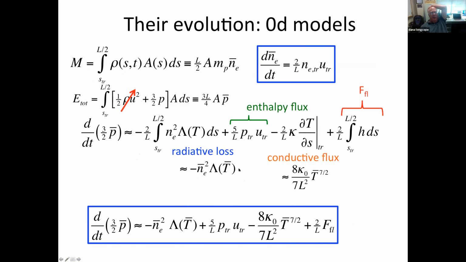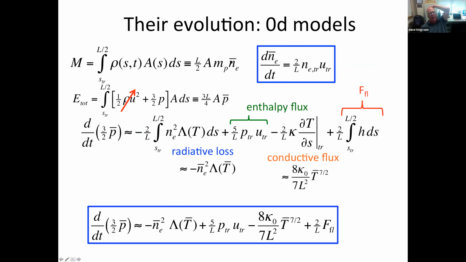So here is the evolution equation I just talked about. We can replace the mass by sort of an average number density. That turns out to be a little more useful to work with. So an average number density, and then you multiply it by the mass of a proton and the area and the length, and these are all constants.